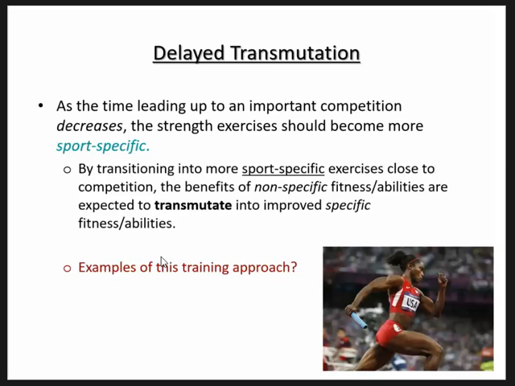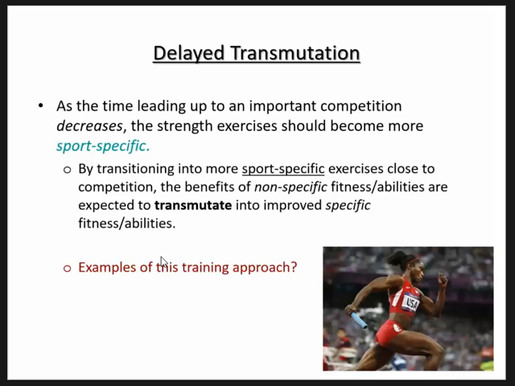Another example, let's say we have a distance runner and she's doing a lot of muscular endurance work. She's doing a lot of fatiguing, high volume work at lower intensities. And she's doing long duration runs. But then the transmutation comes in to where now she's running her marathon and the ability of her muscles to continue to contract for 2 to 4 hours without stopping.